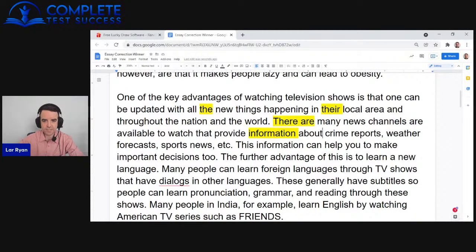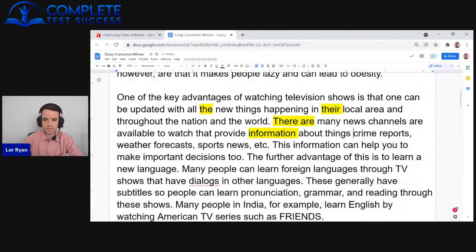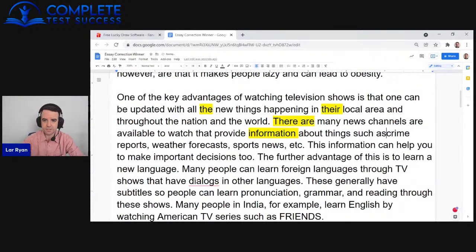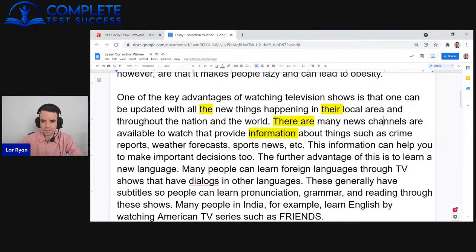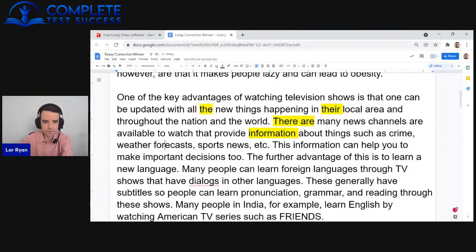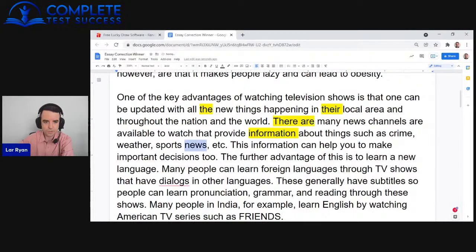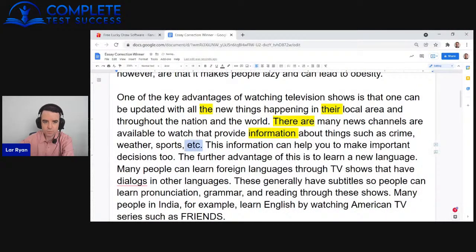So provide information about things such as crime, weather, sports, but we don't want etc. We just want to finish our list.